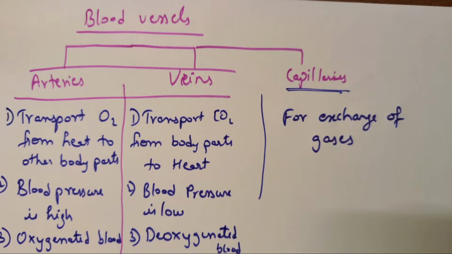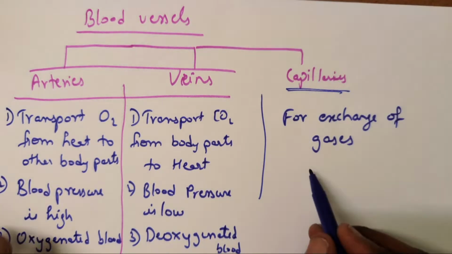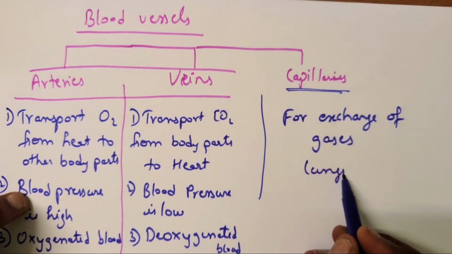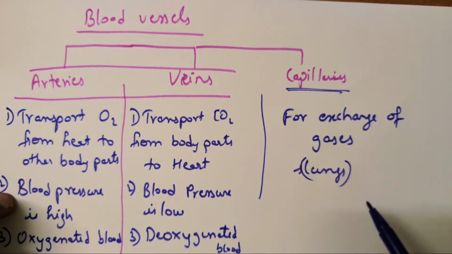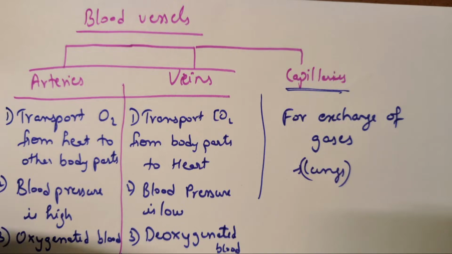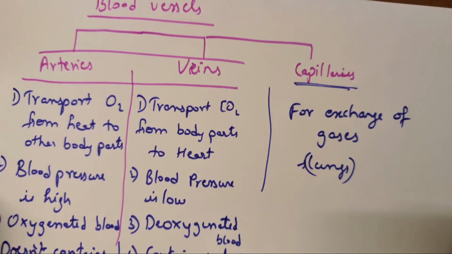This exchange of gases happens at the lungs also, where, as I have already explained, at the alveoli the carbon dioxide blood comes and carbon dioxide gets into the alveoli, whereas oxygen from the lungs gets captured and moves into the blood. This part is done using capillaries. Let's see about the main part of the human body, which is the heart.